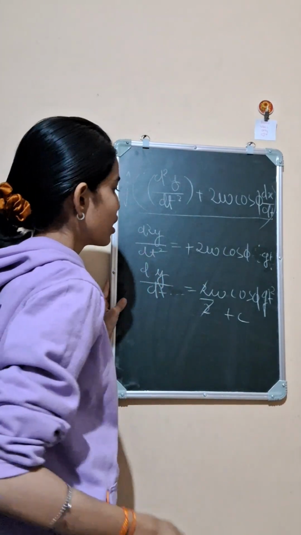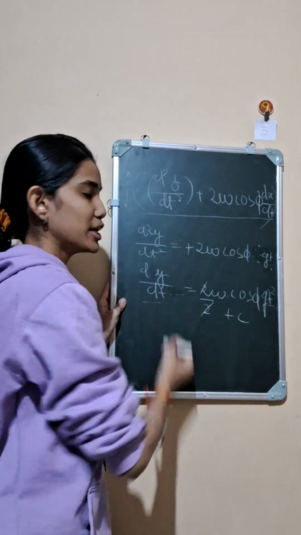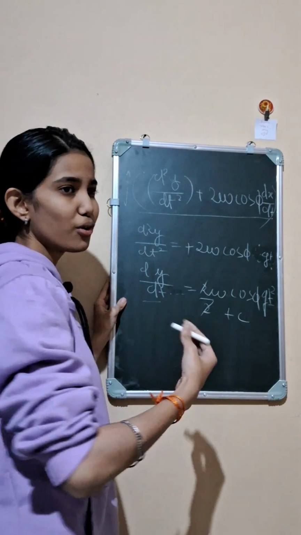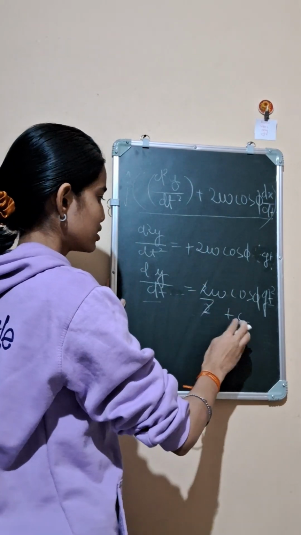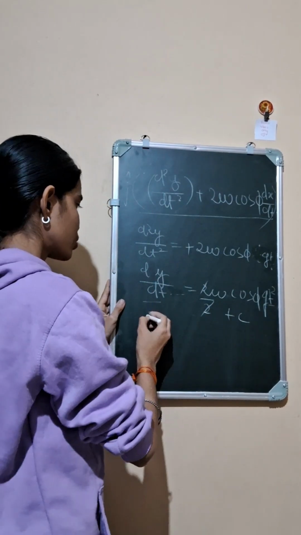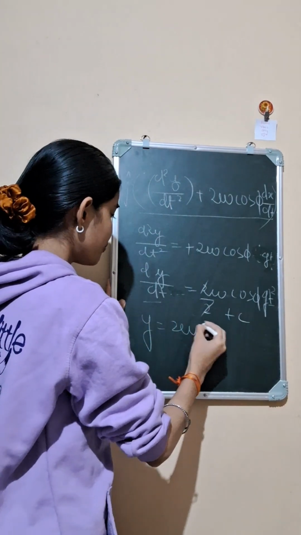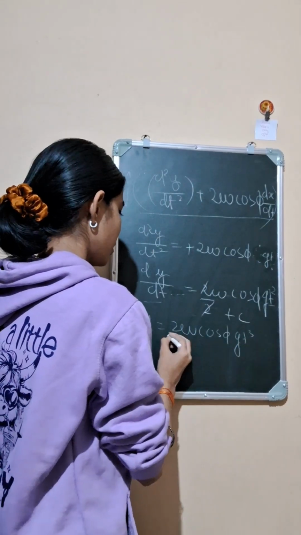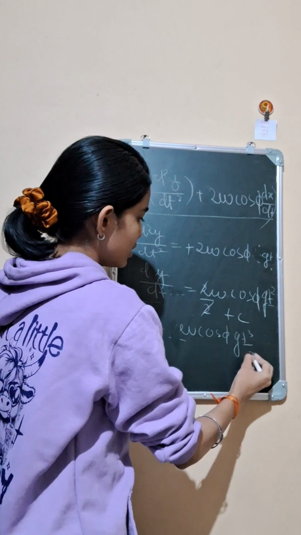Putting the initial condition, we can see at time t equals to 0, dy by dt was 0. Means initially there was no velocity along the y-axis. So we can see that c will also be equal to 0. You can solve it and see this. So now once again integrating this, we will get y equals to 2 omega cos phi g t cube by 3, 2 has cancelled out, g t cube by 3 plus c.